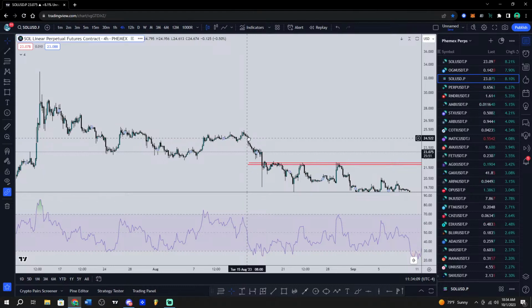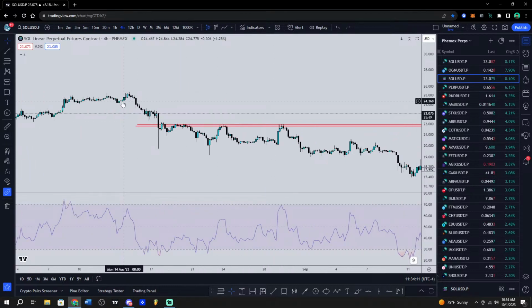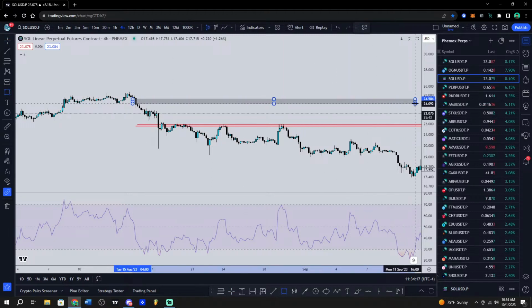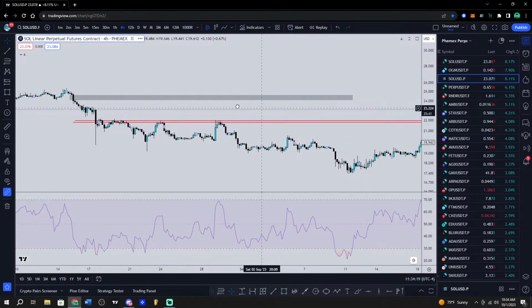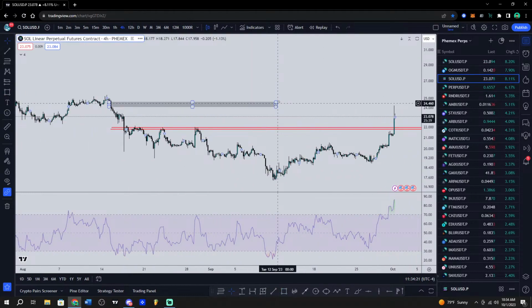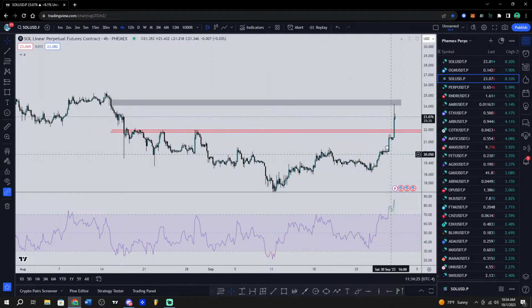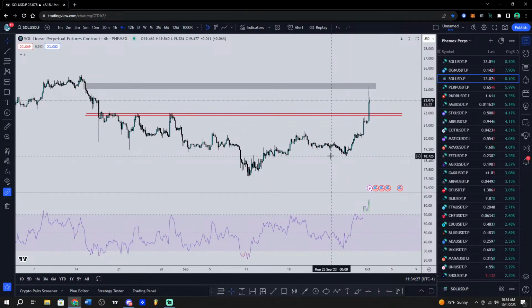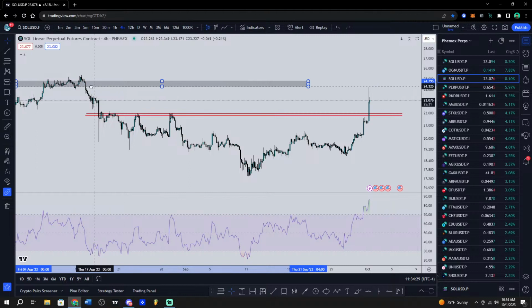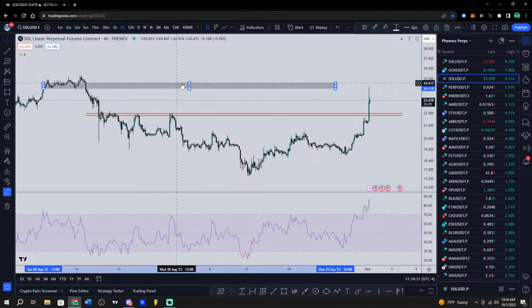There you go. We're almost right at the wick. Bam. That looks like a fair price to me. Yep. Looks like it can go down all at once after something like that.